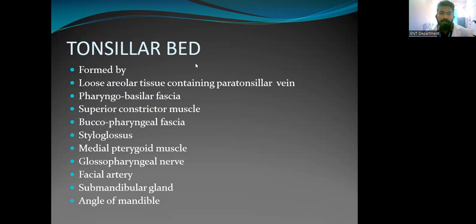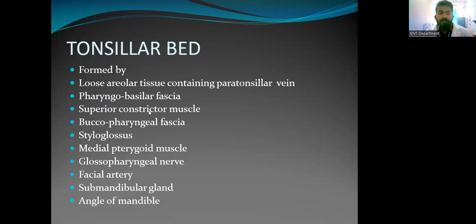The tonsillar bed is formed by, after the capsule, the loose areolar tissue, which has the paratonsillar vein, the most common bleeding vein in tonsil during surgery.